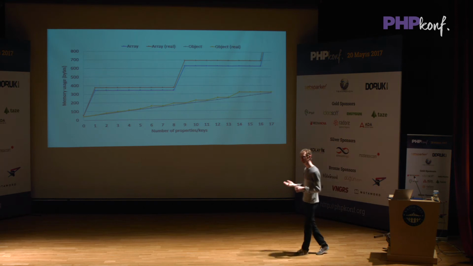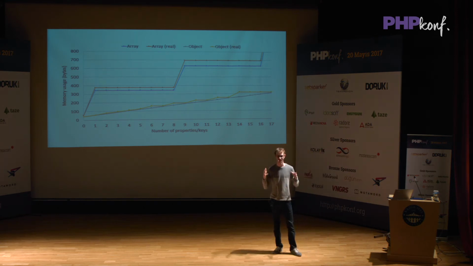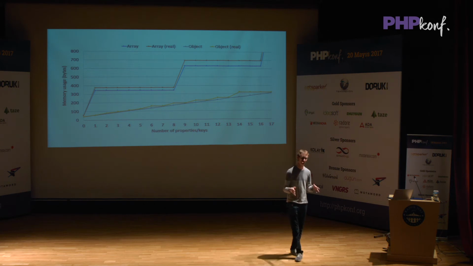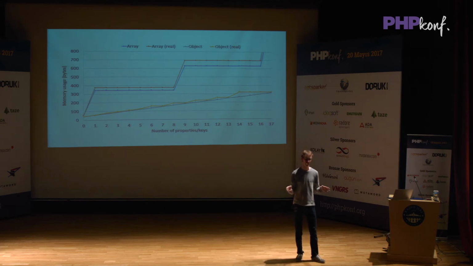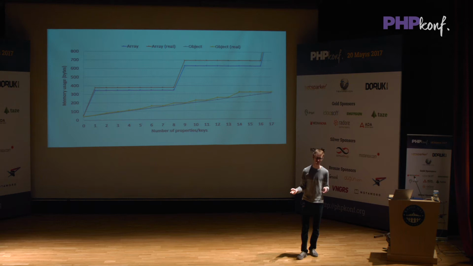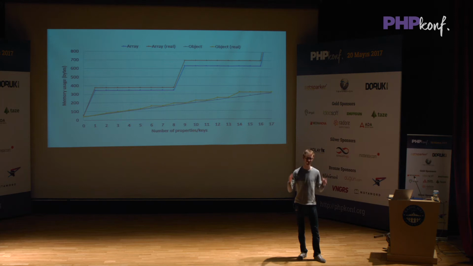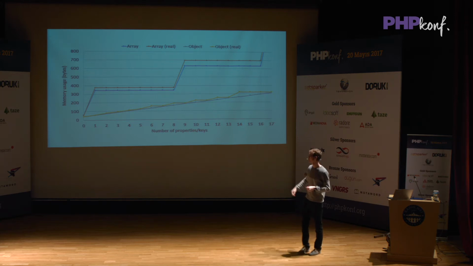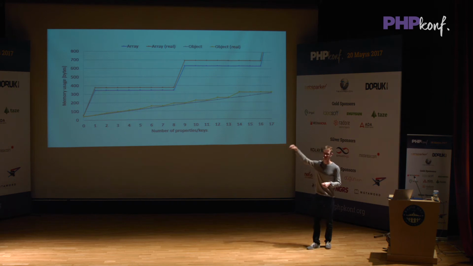The reason why there is a difference here is that on a low level, you just can't request an arbitrary amount of memory. So the allocator that PHP uses or that the operating system uses only supports certain sizes. And if you don't match that size exactly, it will round up. And that just shows how much memory we have to round up.